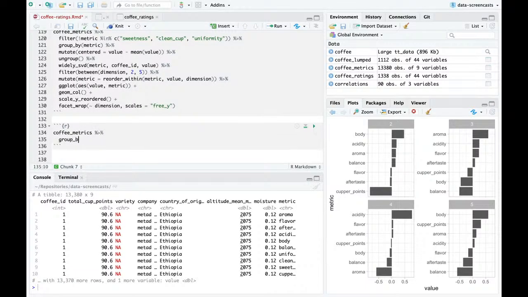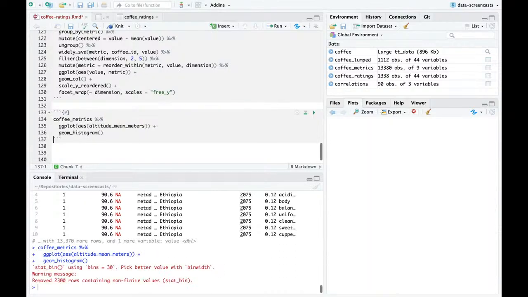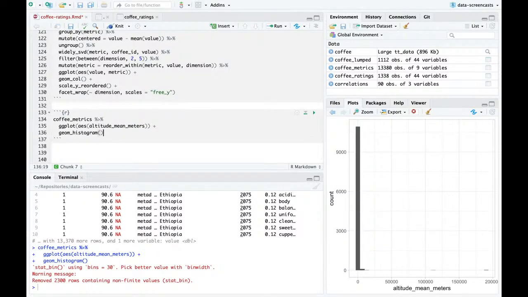So something I like about this. Let's take a look at our altitude. Altitude mean meters as a histogram. I really do wonder. All right, so there are some outliers. I'm going to go ahead and say that these are parsing errors. I do not think that any coffee is being brewed more than 100 kilometers off the Earth's surface.